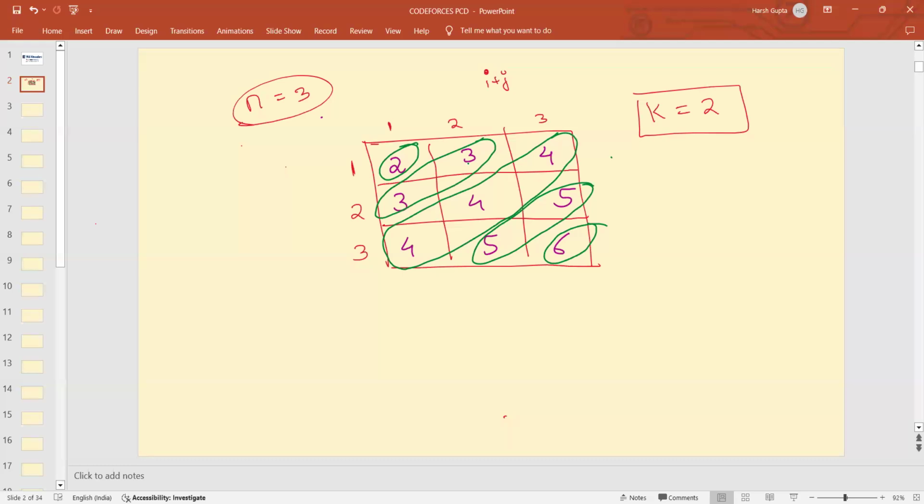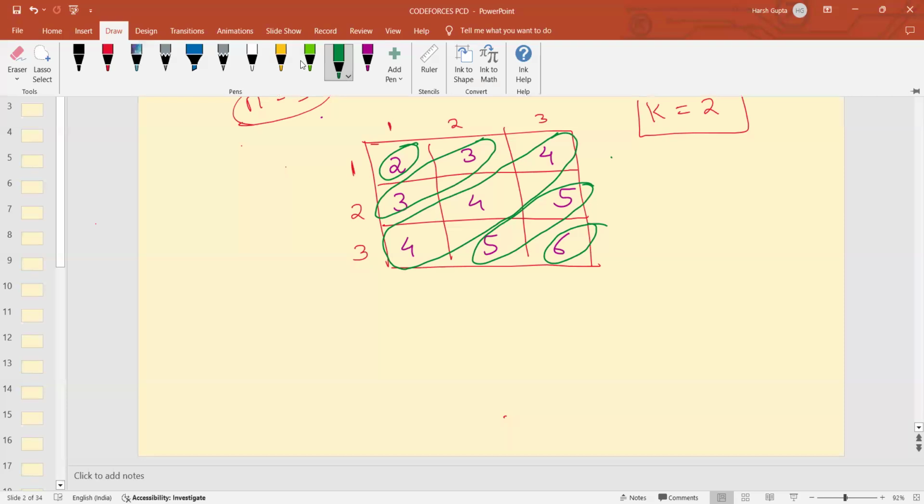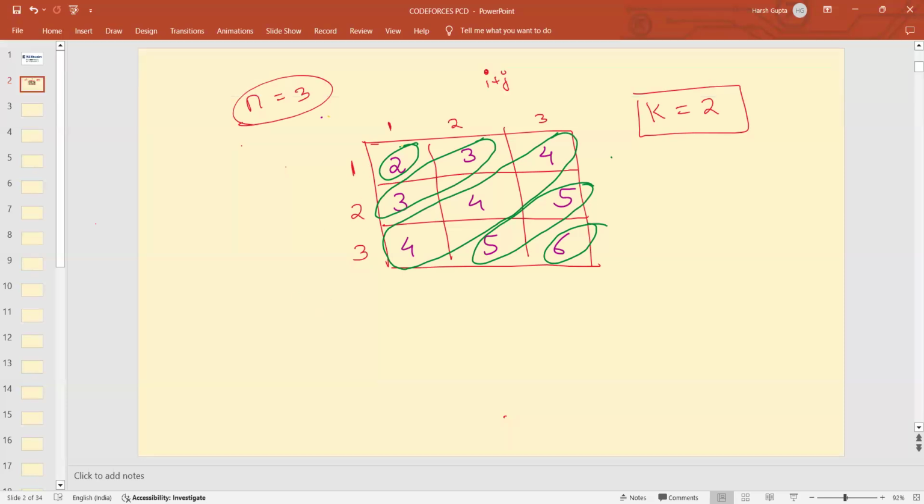Now the question is that I need to place two chips. I can place them anywhere on the board, but the aim is that the minimum number of diagonals should be occupied. If I place one chip in this cell and one chip in this cell, how many diagonals are occupied?